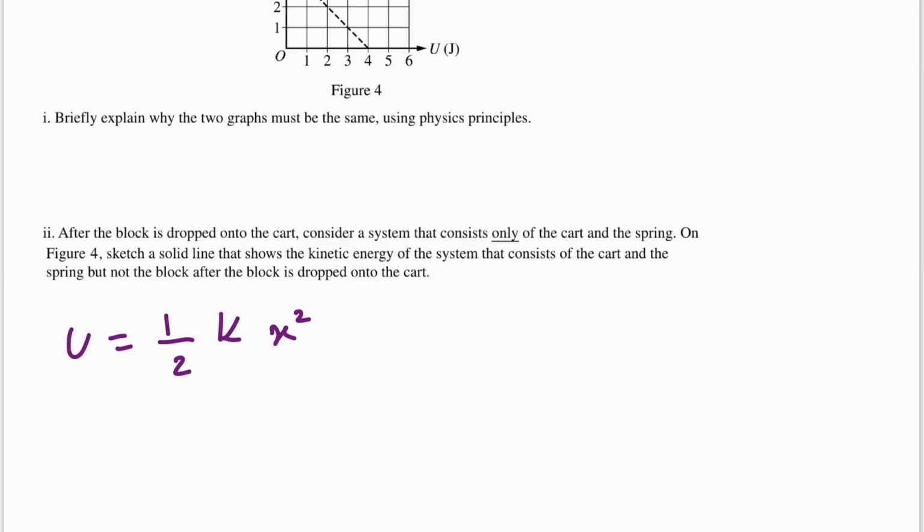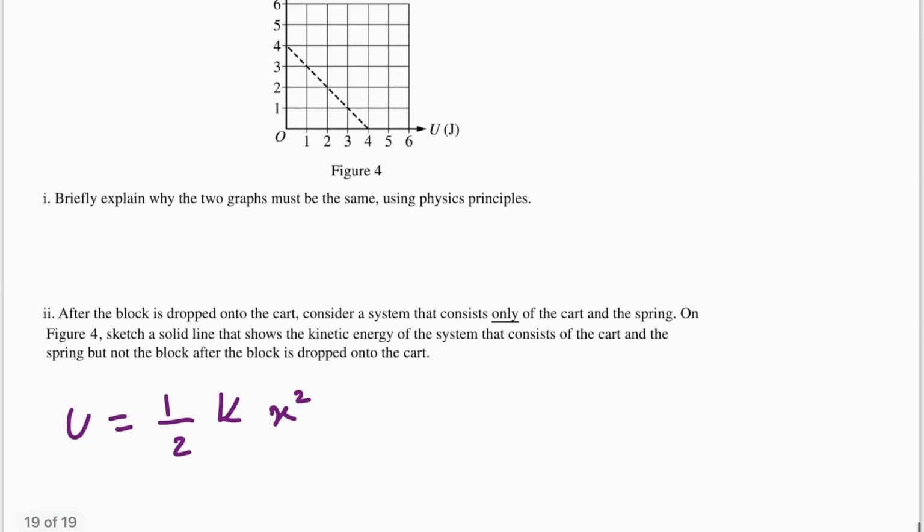So the maximum potential energy here stays the same. It's still 4 joules. What we need to find to be able to draw this graph is the maximum kinetic energy for the cart and spring system.